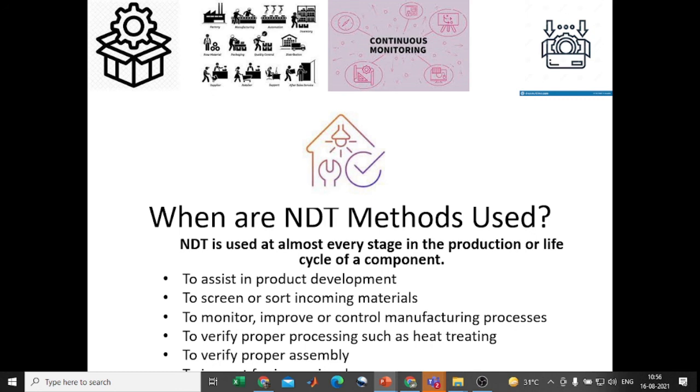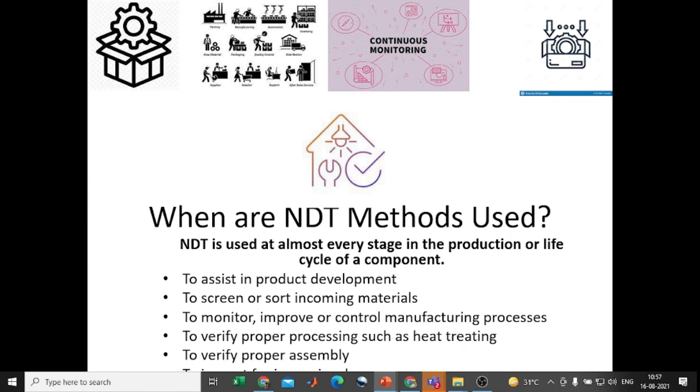So screening incoming materials is important in manufacturing industries, including secondary manufacturing industry. To monitor, improve or control manufacturing processes, to verify proper processing such as heat treating, and to verify proper assembly, these are all achieved through NDT methods.